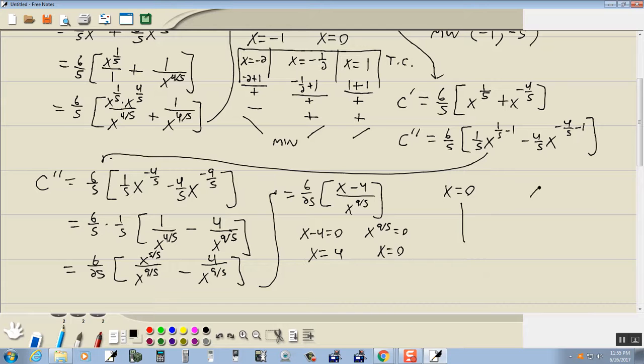Okay, so if I build my table of intervals, I want to choose test cases, something less than 0 like negative 1, something between 0 and 4 like 1, something greater than 4 like 5. And we want to plug these into our second derivative, which is right here.